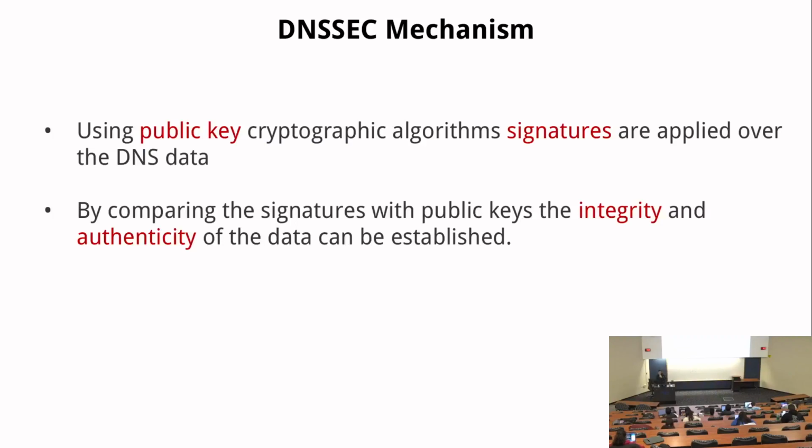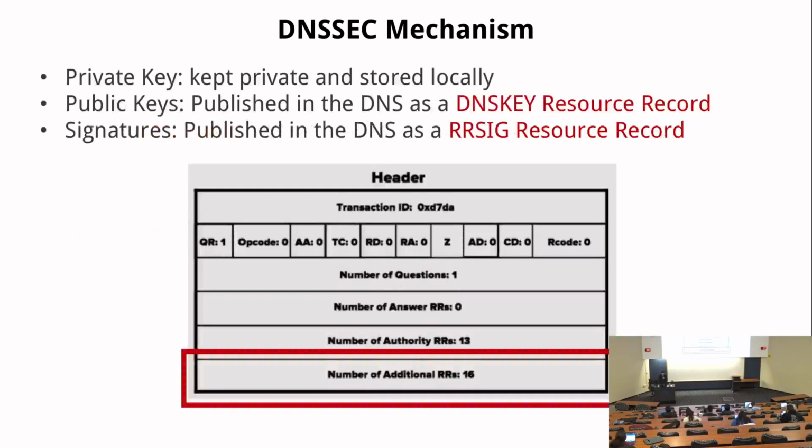Signatures are applied over the DNS data. Whoever issues that DNS response has to sign using their private key. So whoever gets this response can verify using the public key. So both integrity and authenticity of the data can be established.